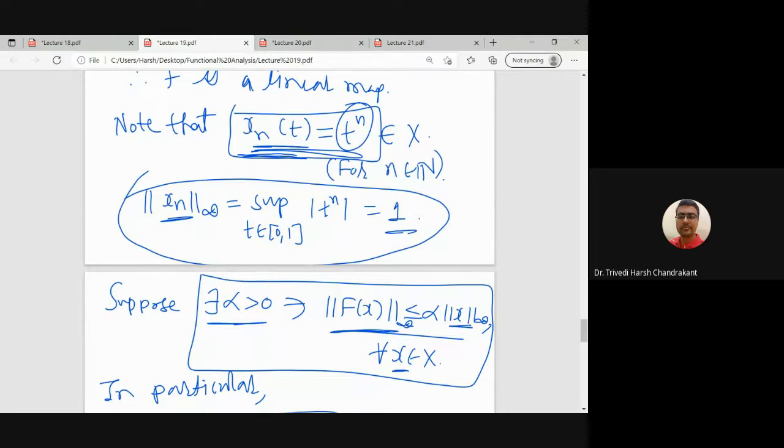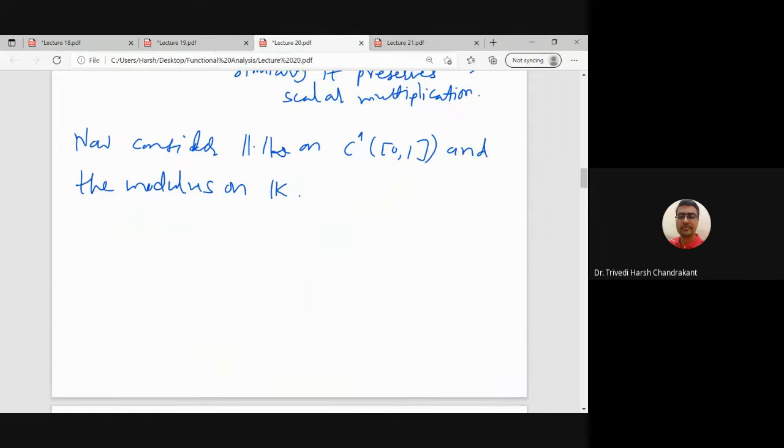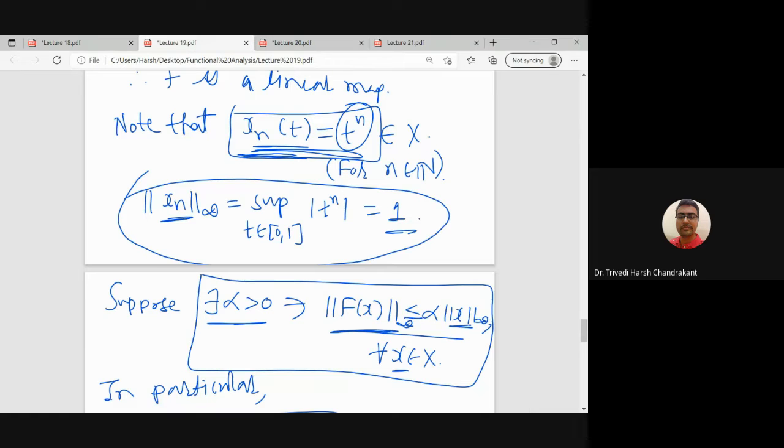So similarly in C[0,1], we will consider a sequence of elements of norm 1, and we will show that when we apply the function, that set is unbounded. So again, what sequence did we take in the previous example?